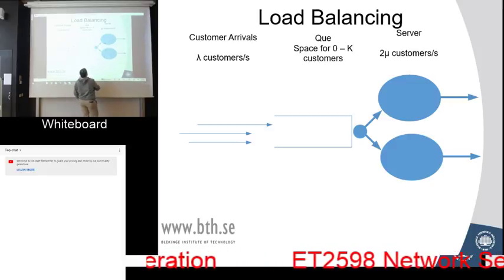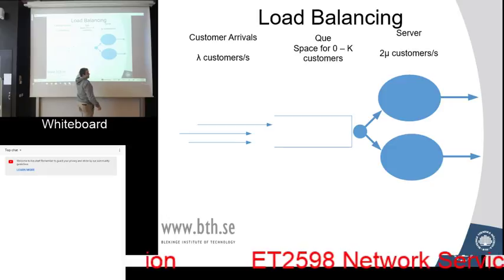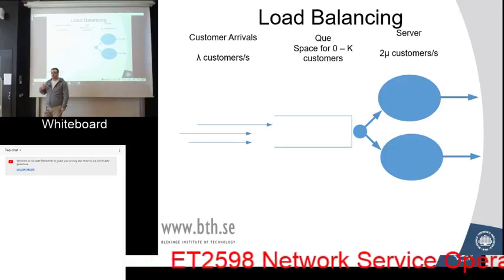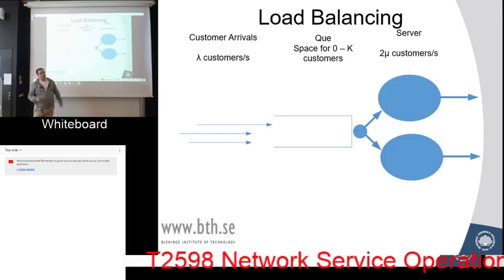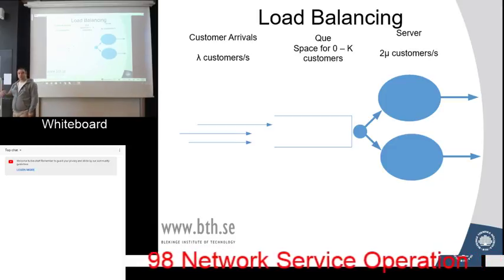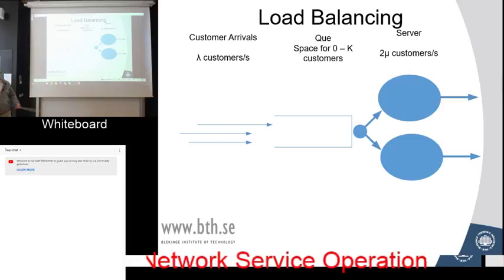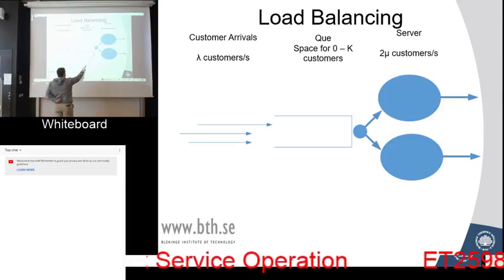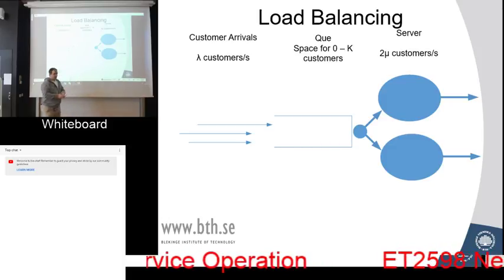If both of them are busy, the queue fills up. The difference here is that instead of having mu customers per second, we can now do 2 mu per second. This assumes, however, that this is capable of doing this.